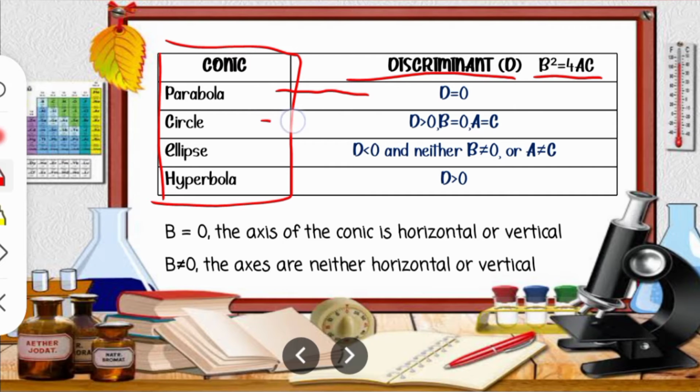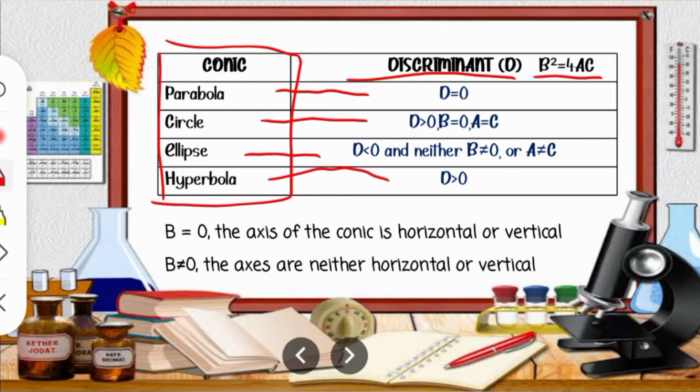Our circle has the discriminant of D is less than 0, B is equal to 0, and A is equal to C. For the ellipse, we have D is less than 0, and either B is not equal to 0 or A is not equal to C. And lastly, our hyperbola has a discriminant of D is greater than 0. So that's how to identify which conic section is given.